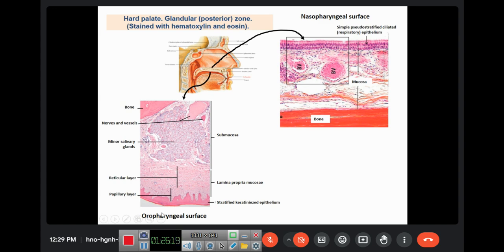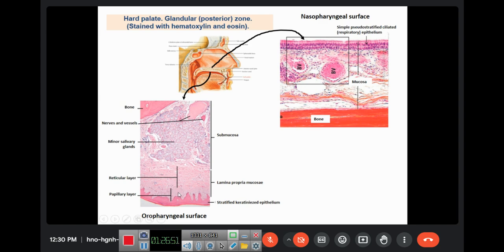So back to oropharyngeal surface. Mucosa here contains stratified keratinized epithelium with stratum corneum seen here. Next, lamina propria mucosa has two sublayers, papillary layer with connective tissue papillae, which are very high and multiple, and this increases the attachment of epithelium to underlying connective tissue.